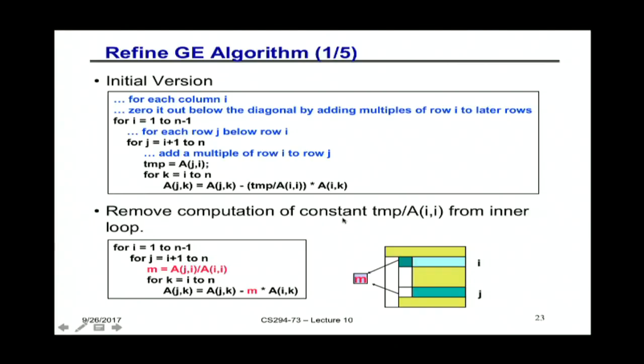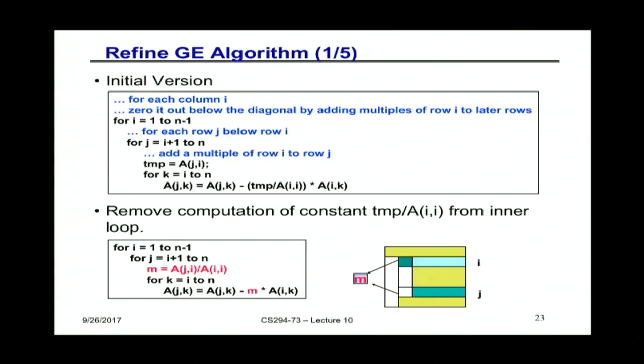So first, the optimization is we remove this constant and put it in the outer loop. One trick here is that in the inner loop, you have division. Division is usually much more expensive than multiplication and addition. Division could be like 10, 20 times slower than multiplication. You want to reduce the number of divisions.